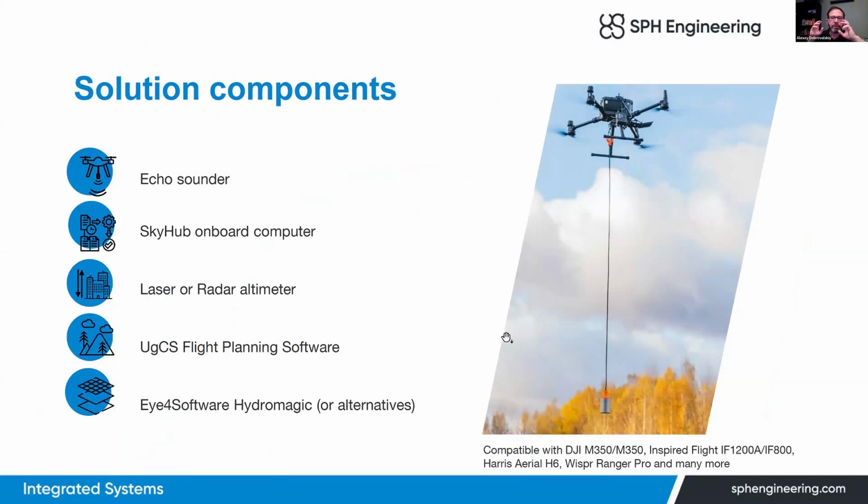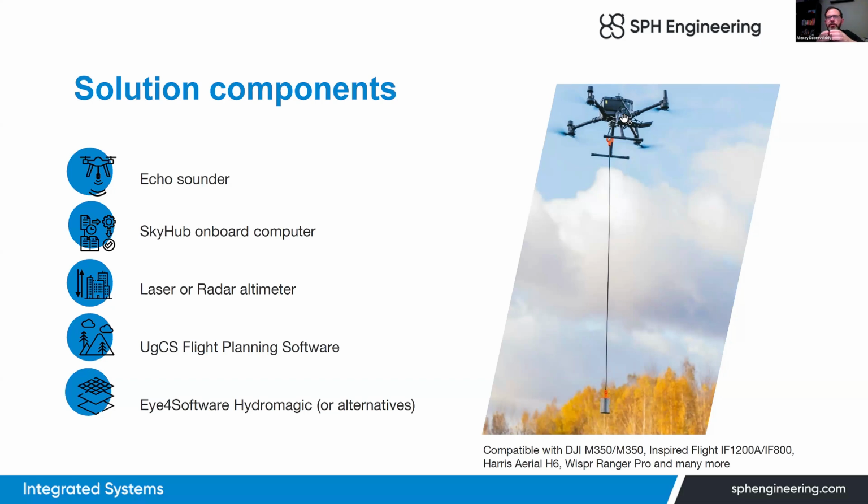So, what is inside our standard systems? What are the standard components? An echo sounder suspended under the drone using a cable. An onboard computer, a small brick mounted on the leg of the drone.